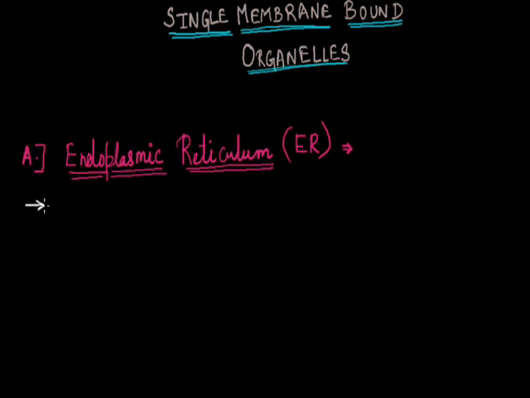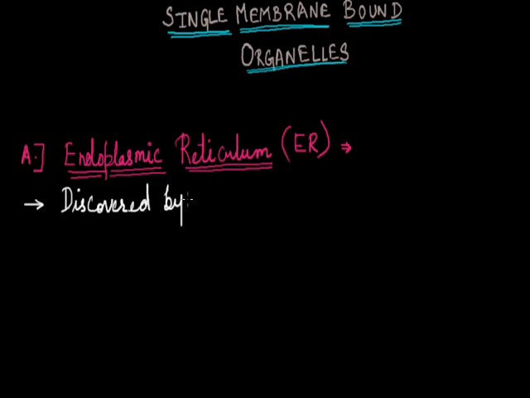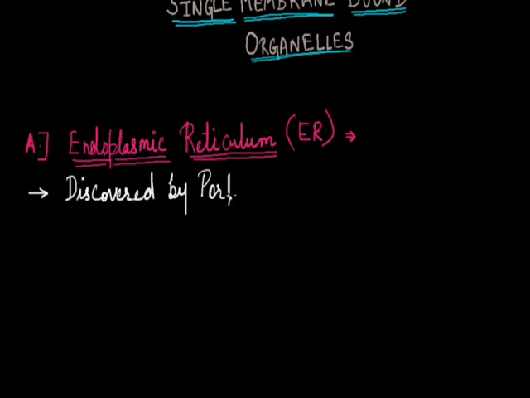First of all, who discovered endoplasmic reticulum? It was discovered by three scientists, that is Potter, Claude and Fulham. In the muscle cells, endoplasmic reticulum is also known as sarcoplasmic reticulum.